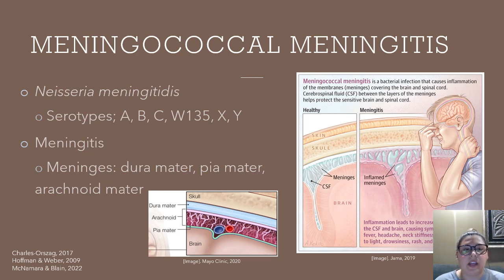If we take a look at the image on the screen, we can see an overview of a healthy brain, skin, and skull where the meninges are normal, and then to the right what would happen if we had meningitis, and it shows our inflamed meninges. Also on the bottom left, I have an overview of where the dura, arachnoid, and pia maters are, in the order they go between the skull and the brain.